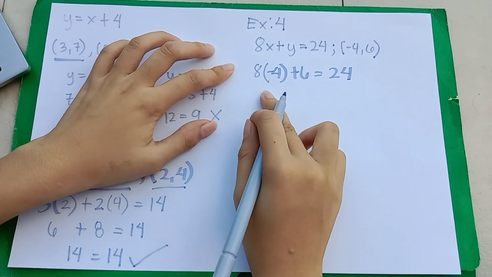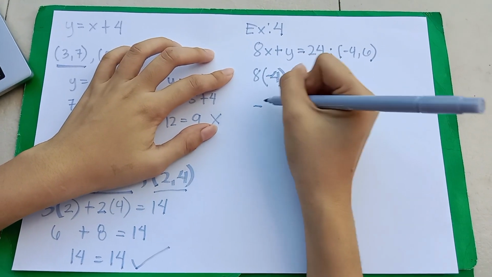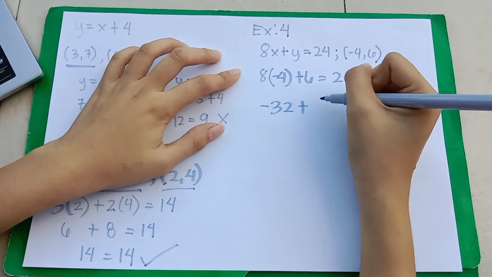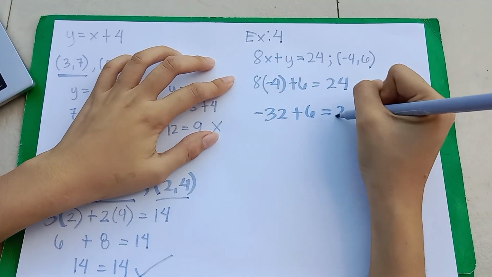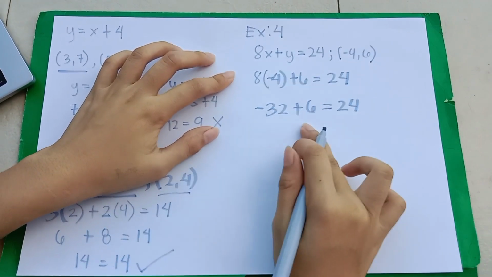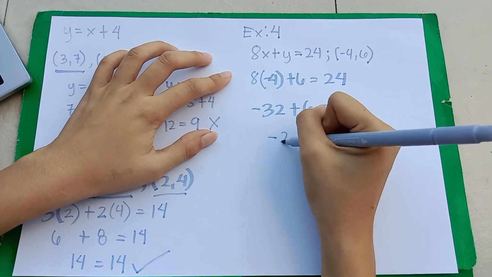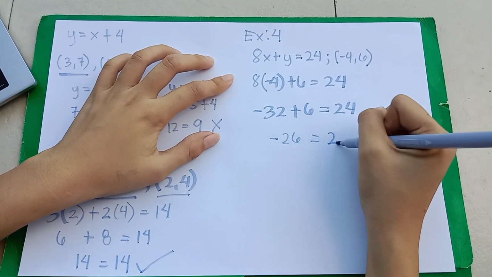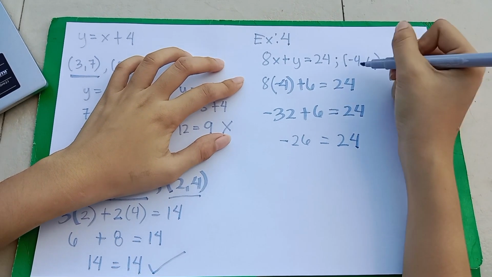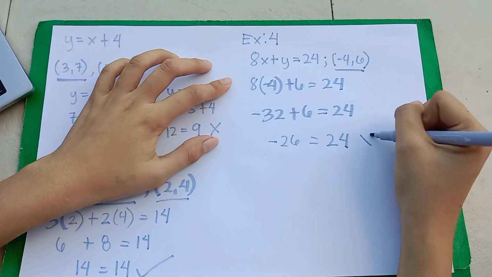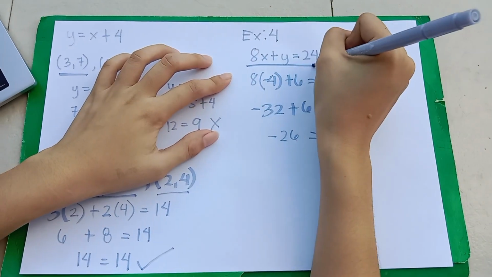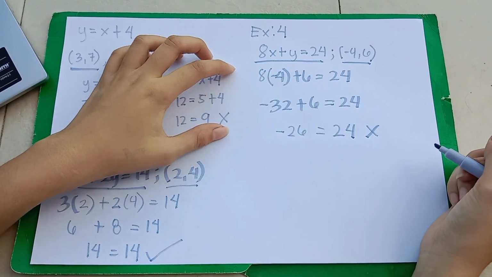So 8 times negative 4 is negative 32, plus 6. So negative 32 plus 6 equals negative 26, which does not equal 24. So here we can say that the ordered pair negative 4 and 6 is not a solution to our equation.